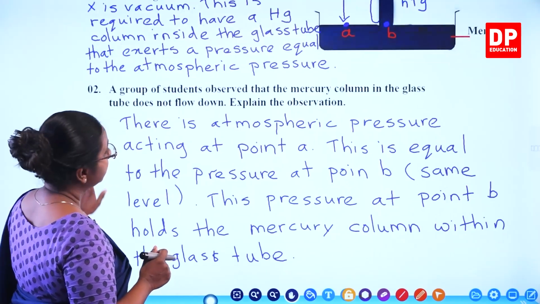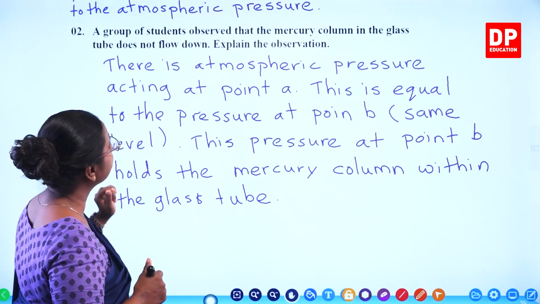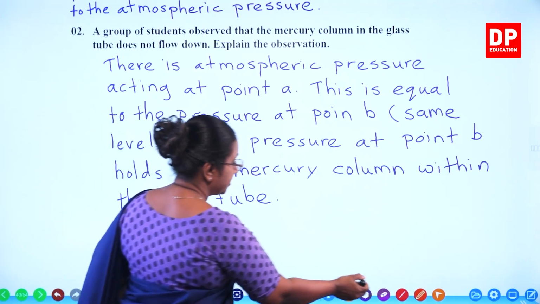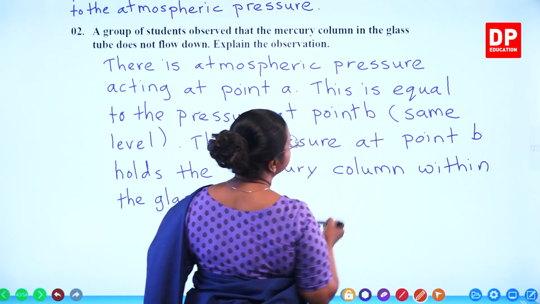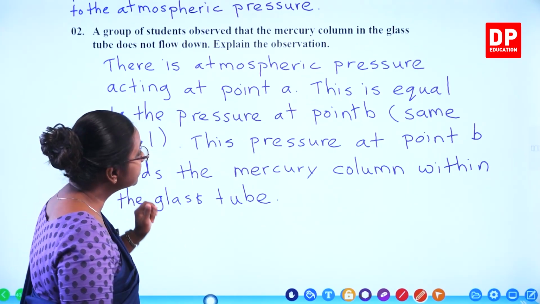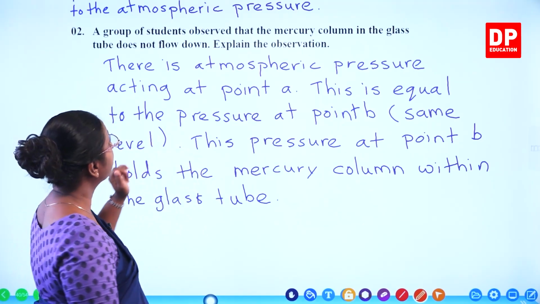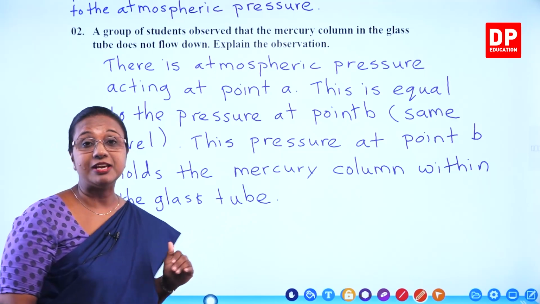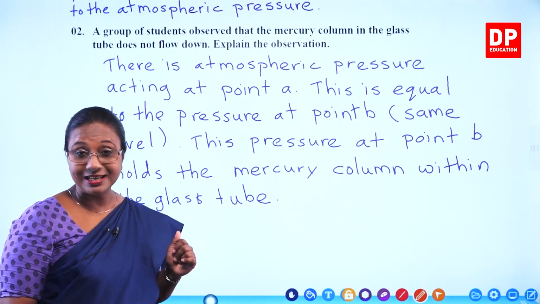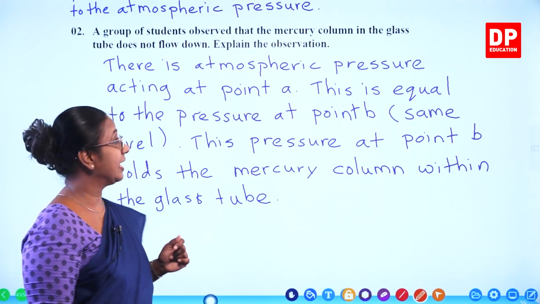So here, if we are to look at the answer again, there is atmospheric pressure acting at point A. This is equal to the pressure at point B. That is same level. This pressure at point B holds the mercury column within the glass tube. So that is the observation by the students, and we have explained the observation as well. So I am sure even you all were able to explain this observation. With that, students, I will move on to the next question.